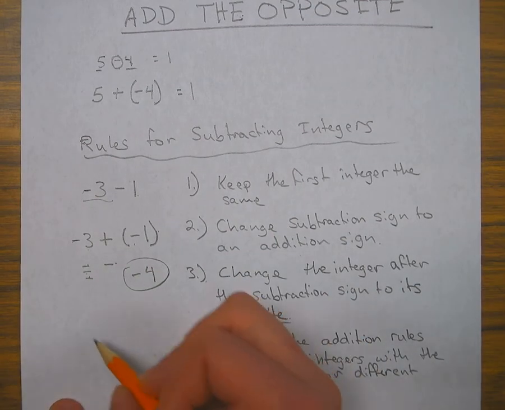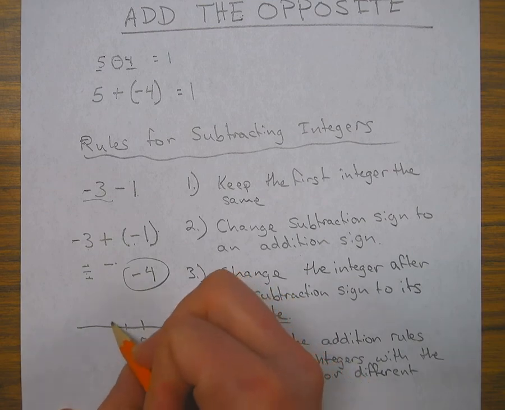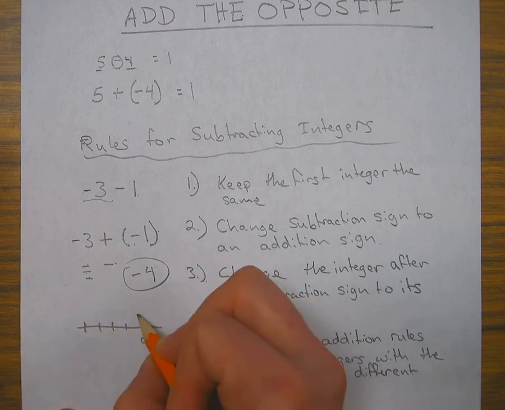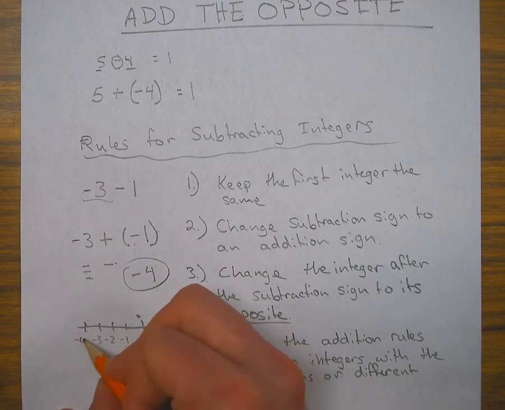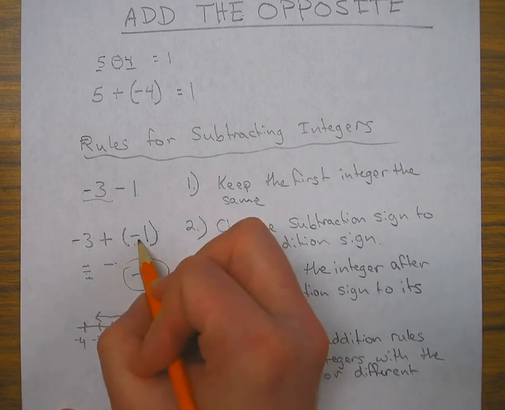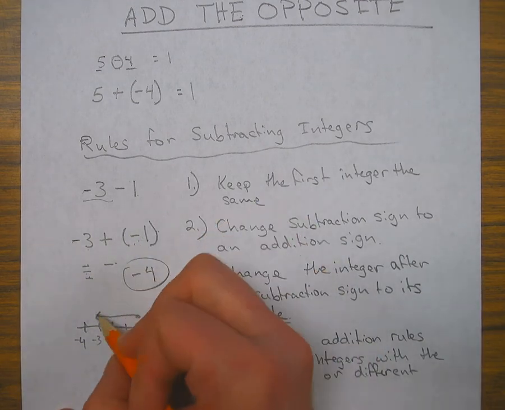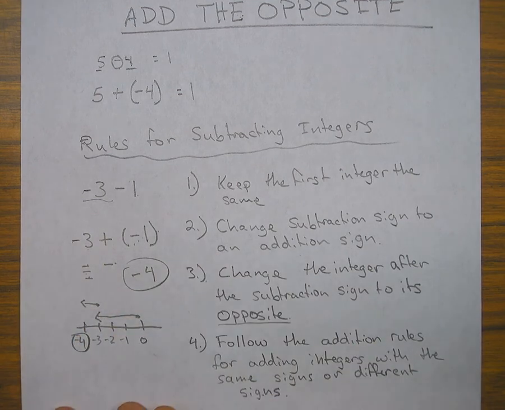I can use my number line. So 0 to -3, so -1, -2, -3, -4. So I'd go 0 to -3. And then I go one more in the negative direction. So I end at -4.